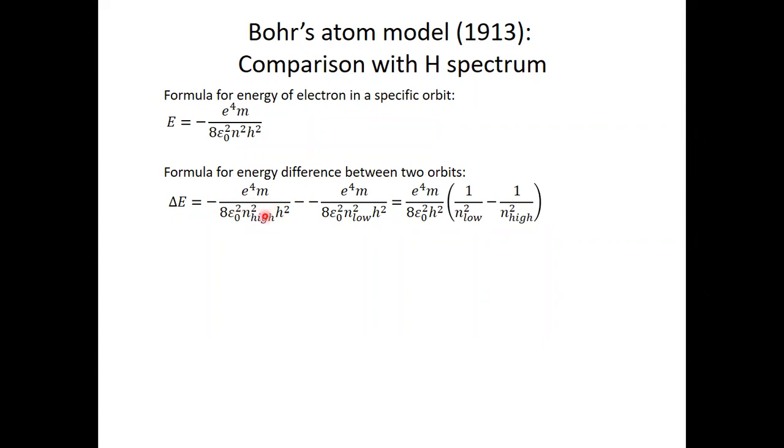So that would just be a higher quantum number associated with a higher orbit minus basically the same term but with a lower quantum number n square. So that would then be e to the power 4m over 8 epsilon 0 square h square times 1 over n low square minus 1 over n high square.